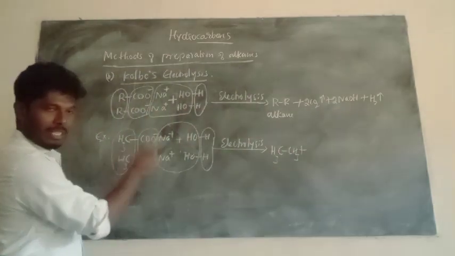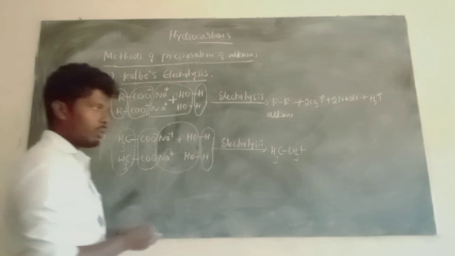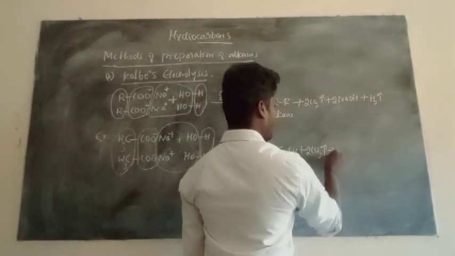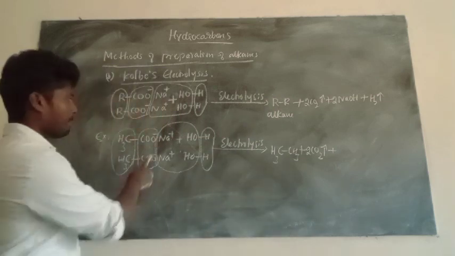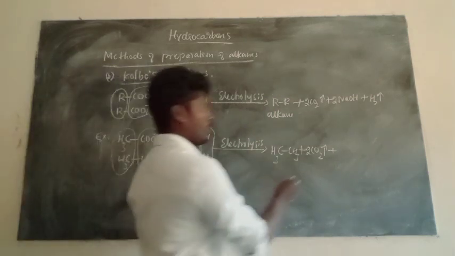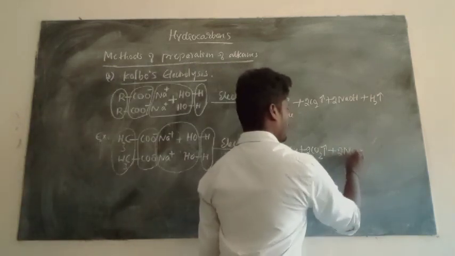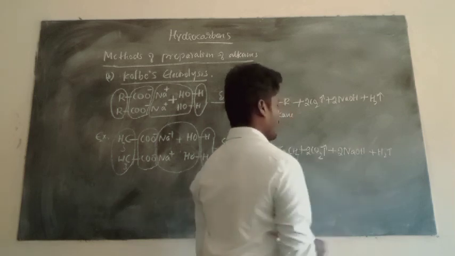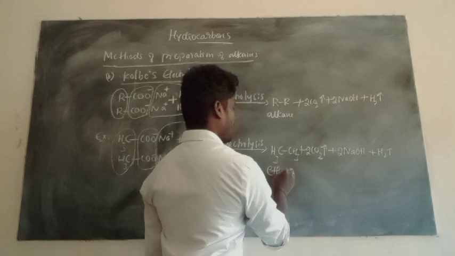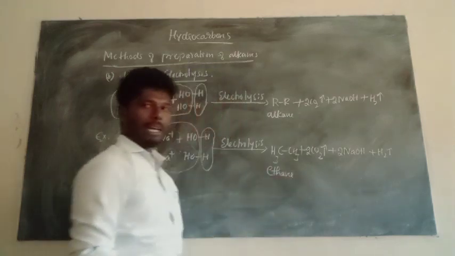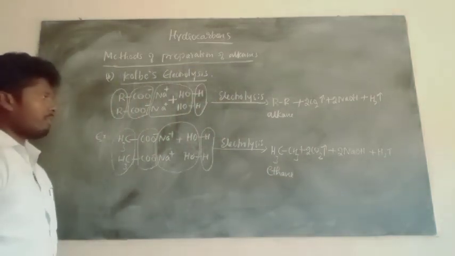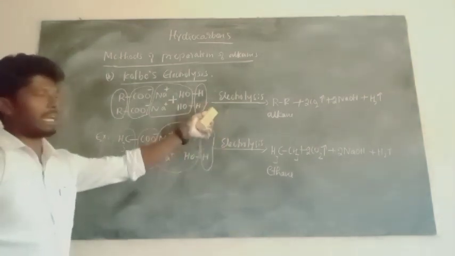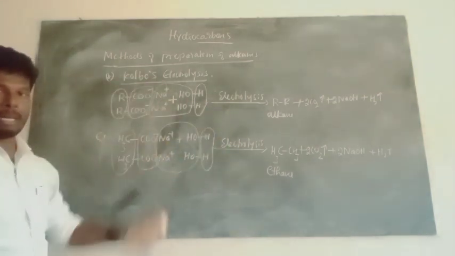Plus 2 CO2 gas, carbon dioxide gas, plus 2 NaOH, then H and H becomes H2 gas. So what is this called? Ethane. So like this we can prepare alkanes from sodium salts of carboxylates by the process of electrolysis, that we call Kolbe electrolysis.